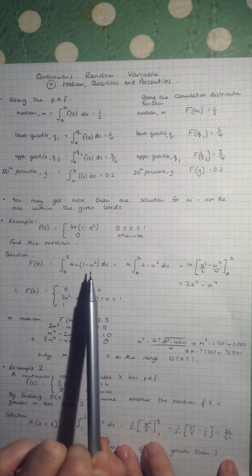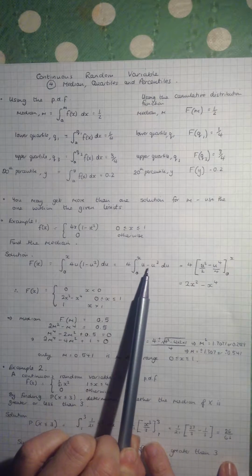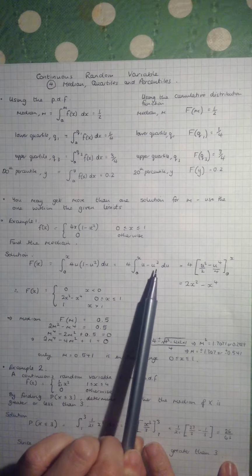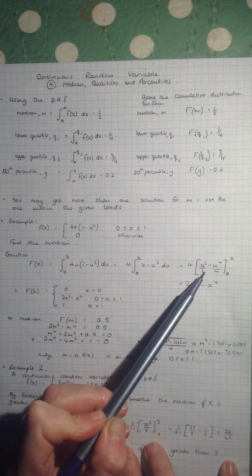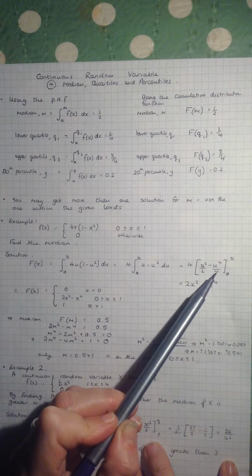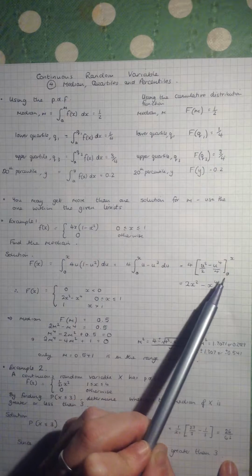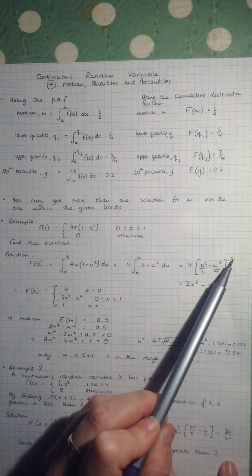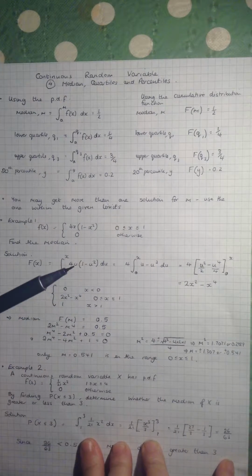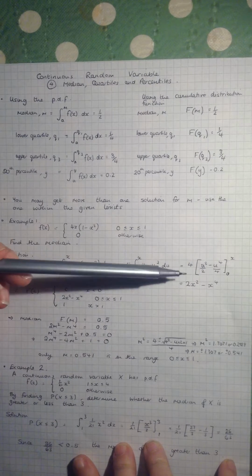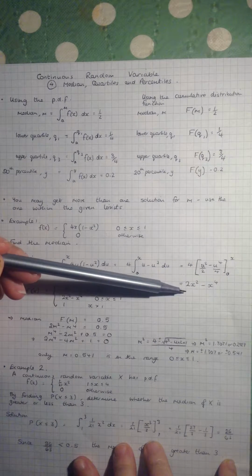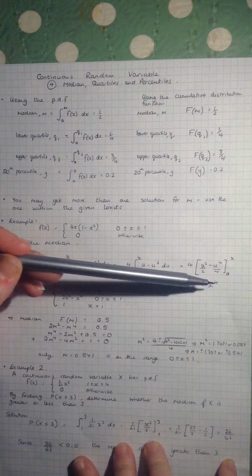Take the 4 outside and we get u minus u cubed to integrate. Integrate those, we get u squared over 2 minus u to the power of 4 over 4, and that's between the limits of 0 and x. Substituting in 0 and x and simplifying, you get 2x squared minus x to the power of 4.